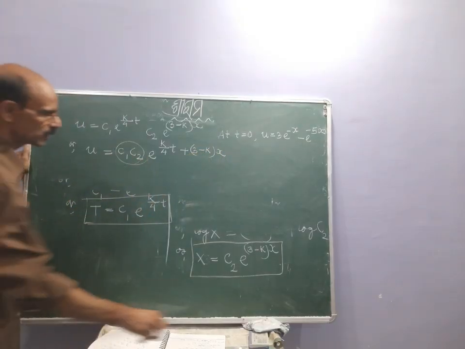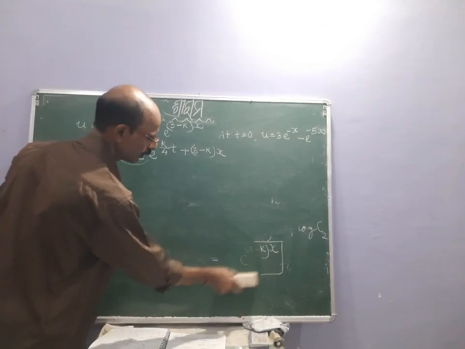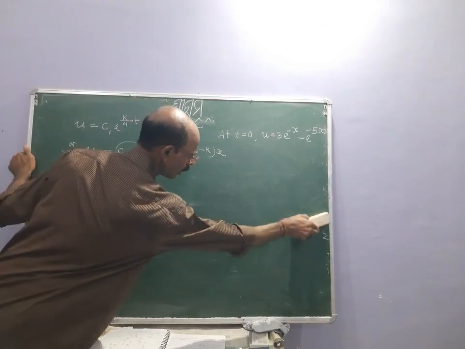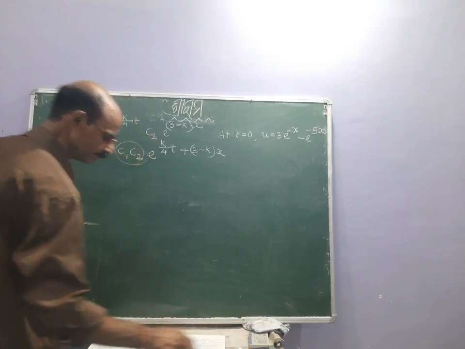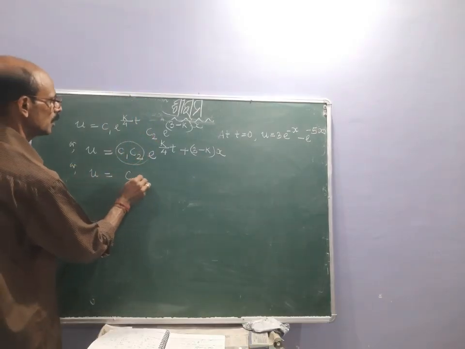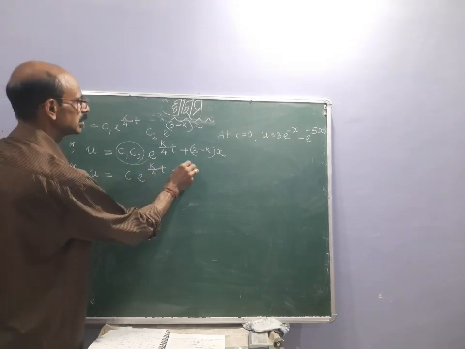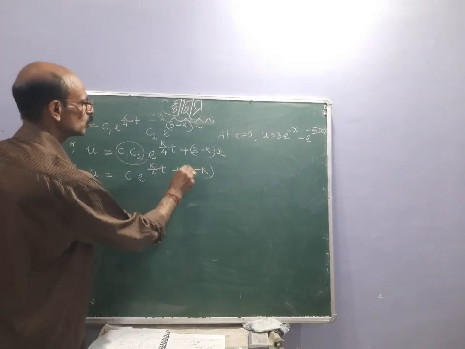In place of c1 c2 we can use another constant, or u is equal to say c exponential k by 4t plus 3 minus k into x.